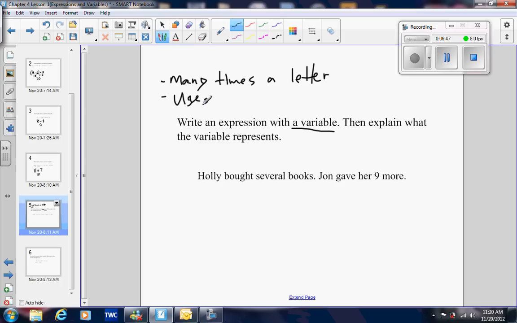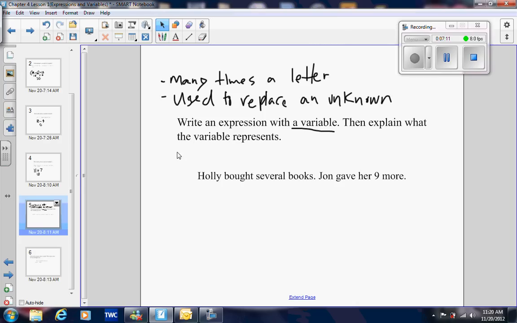It's used to replace an unknown. We don't know this amount yet, so we're putting a letter or a symbol in its place in the expression. Well, later on we'll put them inside the equations to take its place. And when we take its place, then we can solve for it and then get the answer later on. So right now it's just something we're putting in there in its place.